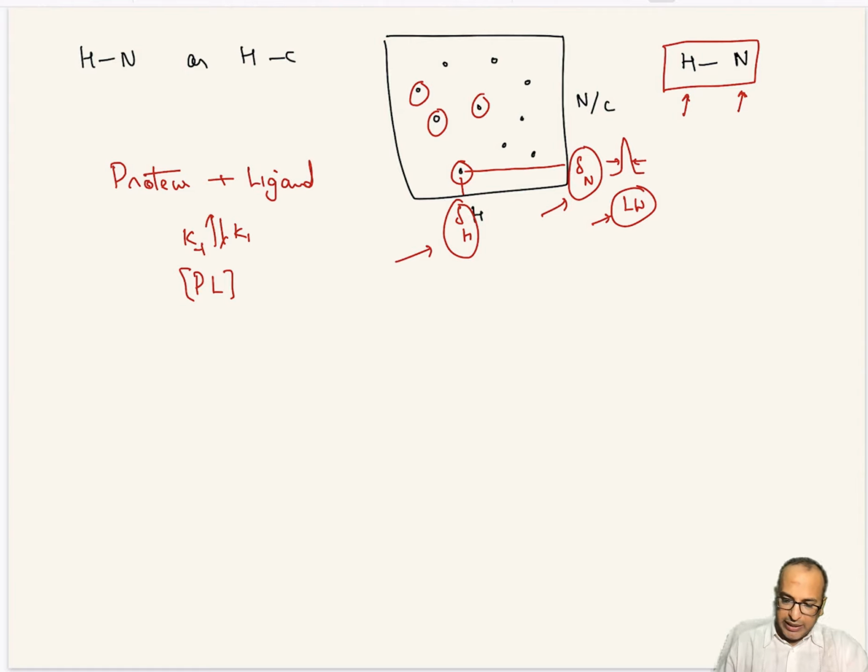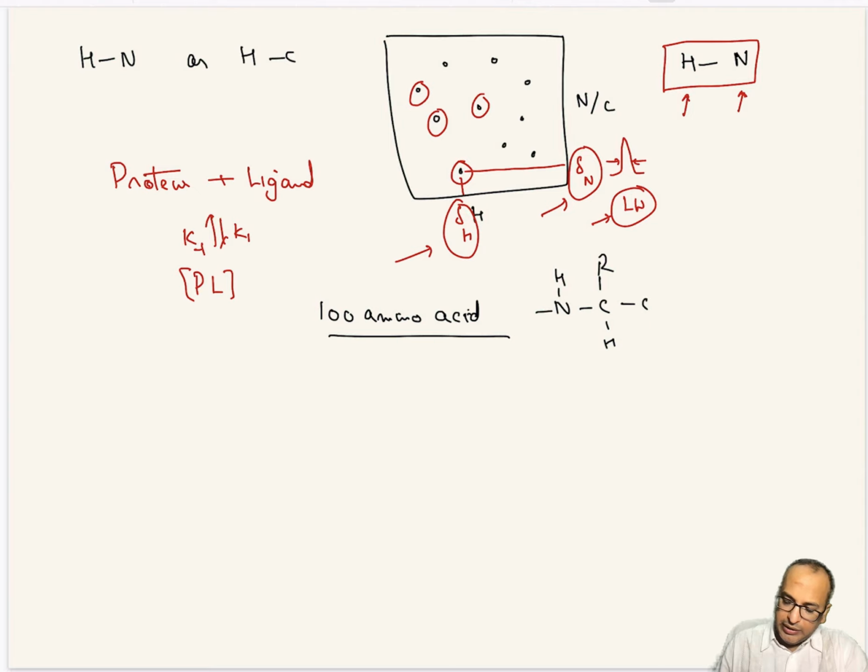What I mean is that, let's say we have a 100 amino acid long protein, then we have something like this: you have NH, C alpha H R, and then CO, NH, C alpha H R, CO, and this goes on, right?